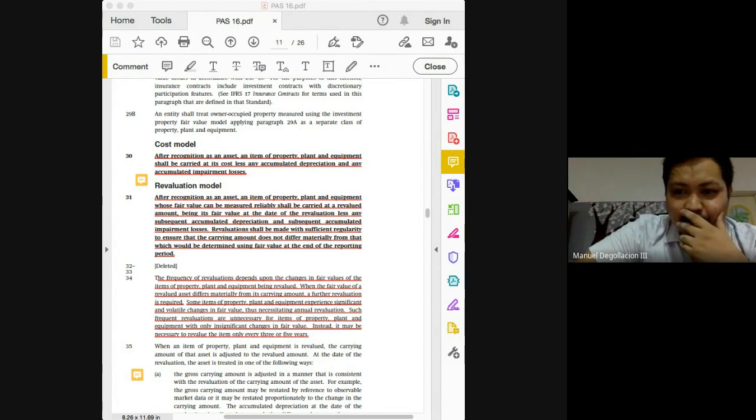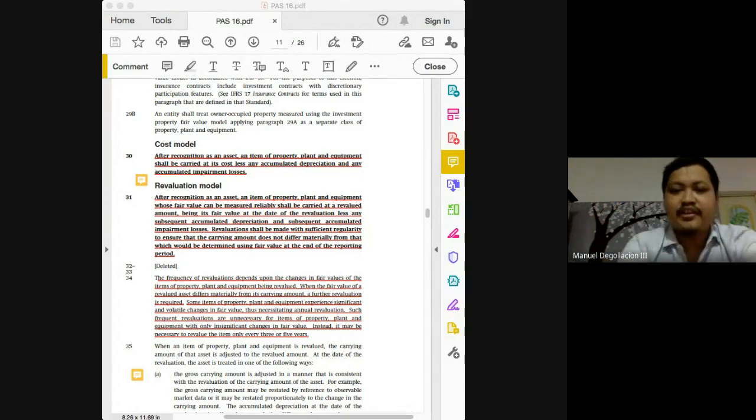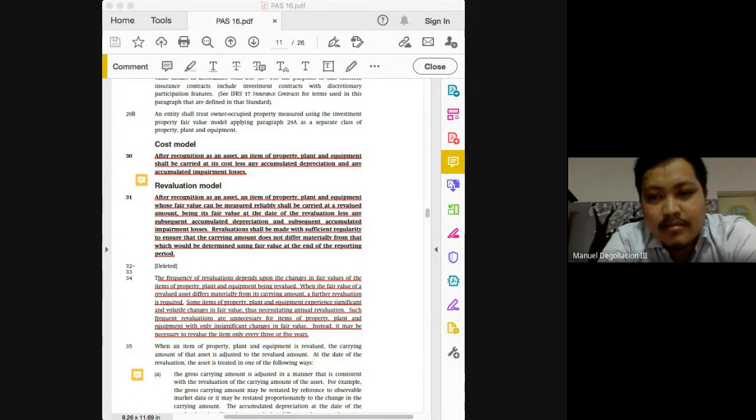Under the revaluation model, again, the carrying amount of the PPE is changed to its fair value. Please do not confuse the fair value as our revalued amount with the fair value less cost to sell. In revaluation, there is no need to deduct the estimated selling cost since there is no intention of selling the PPE.